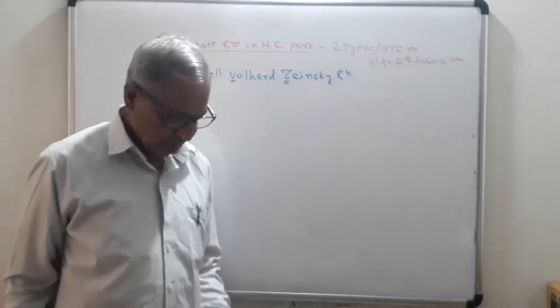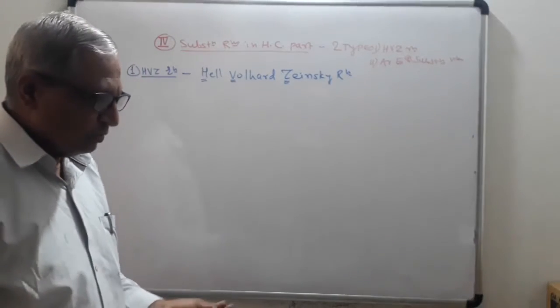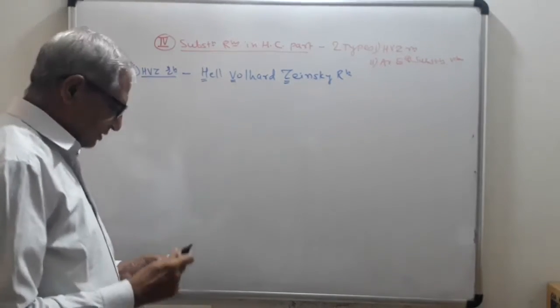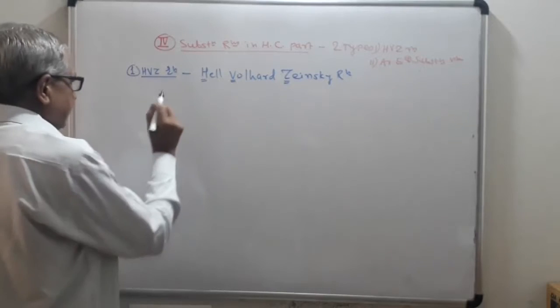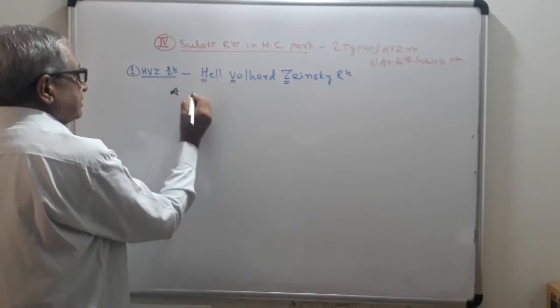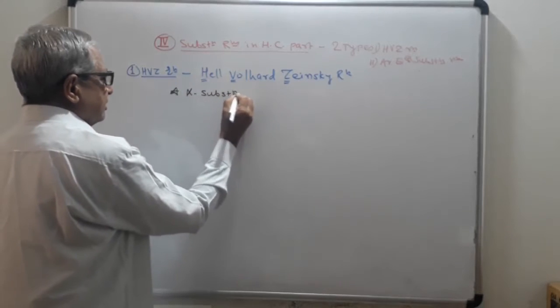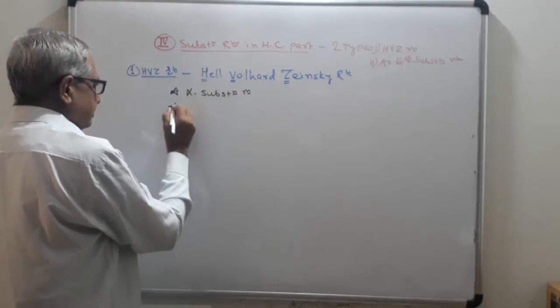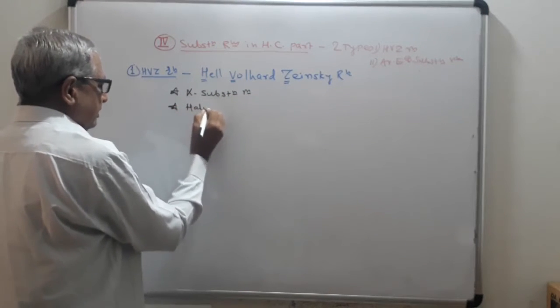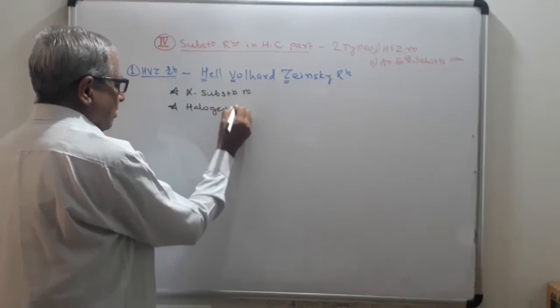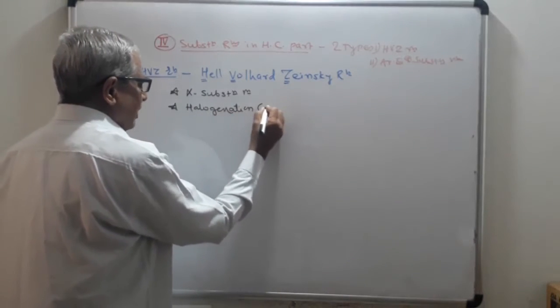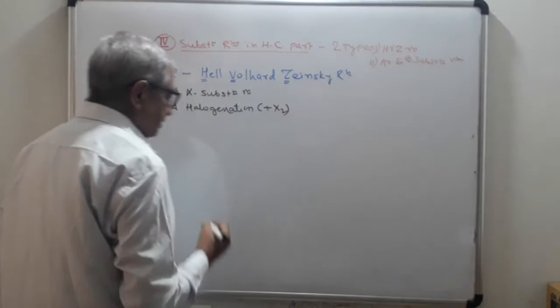HBZ reaction. Now see the objective questions on the title HBZ reaction. It is an alpha substitution reaction. Second, it is a halogenation reaction. You know the meaning of halogenation: addition of halogen.